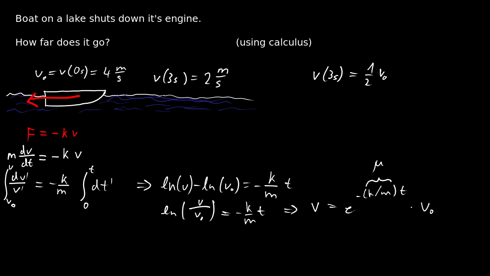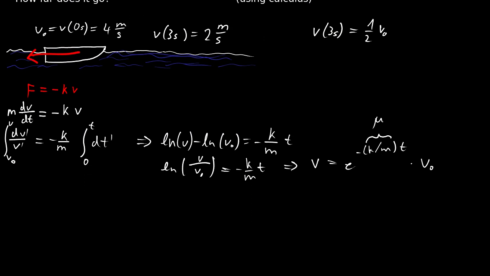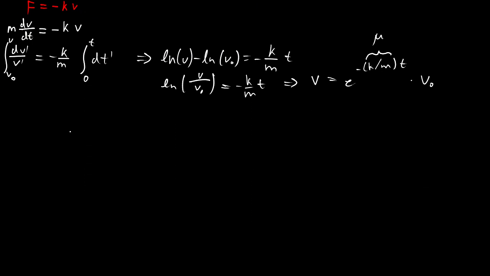How do we continue solving this problem? What do we want to know? We want to know the distance that it has traveled in that time. So we usually say v equals dx over dt, solve for dx, and then integrate over dx, so we get the whole distance that the boat has traveled.